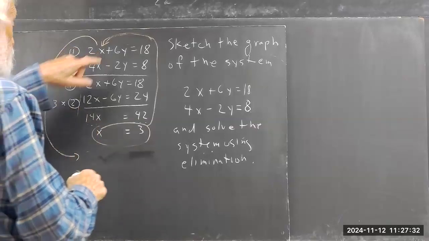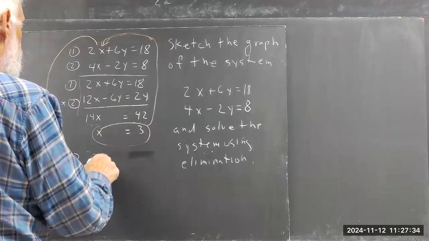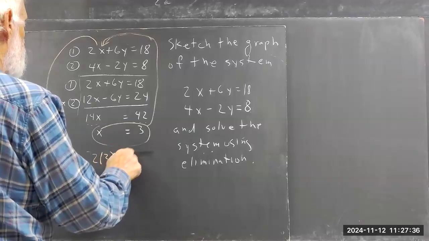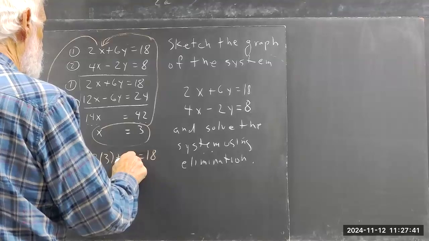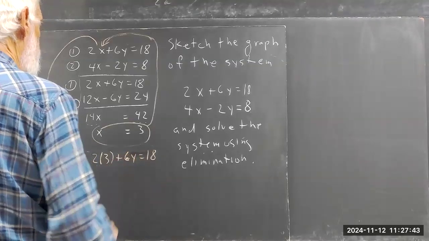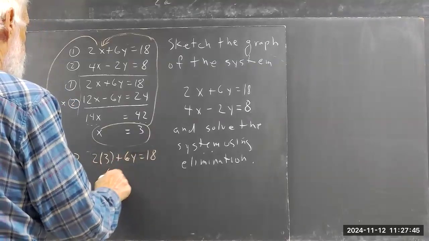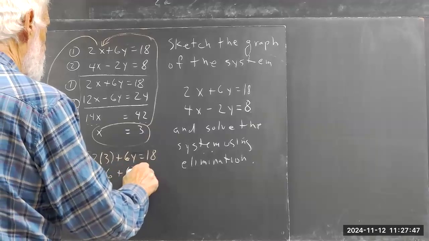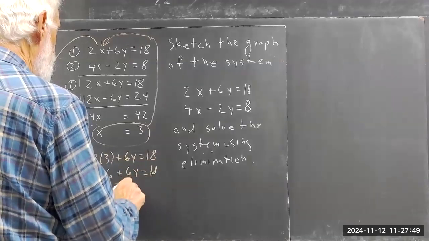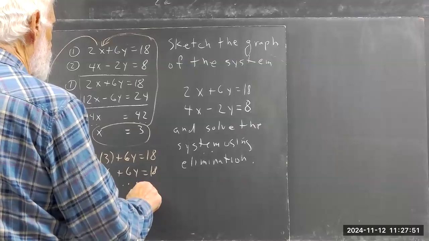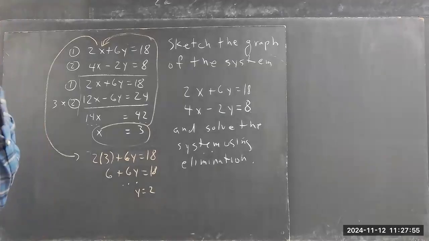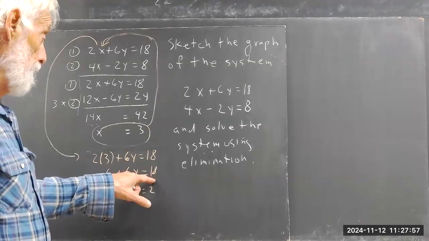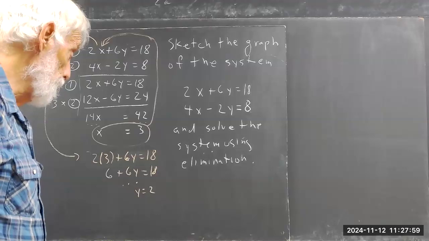Okay, so we substitute the 3 for x and you get 2 times 3 plus 6y equals 18. That's 6 plus 6y equals 18. You're going to get y equals 2. Subtract 6 on both sides, you get 12 there. Divide by 6, you get 2.